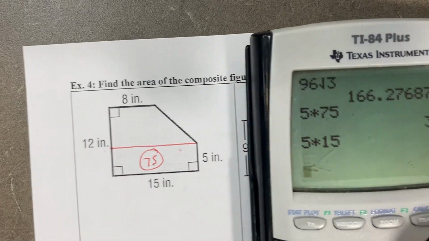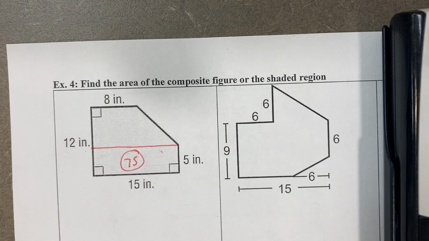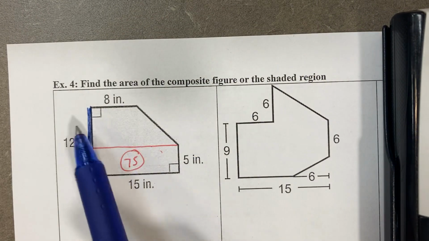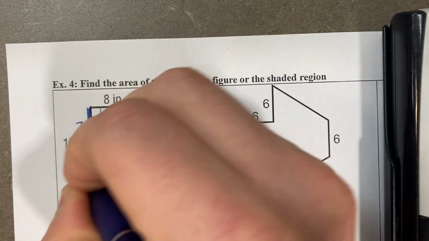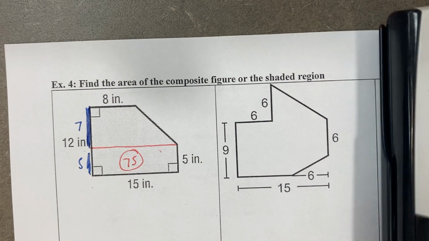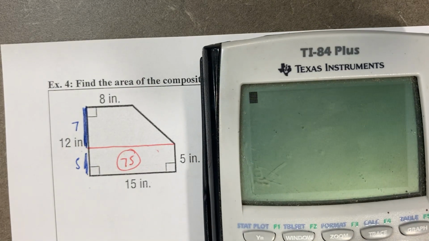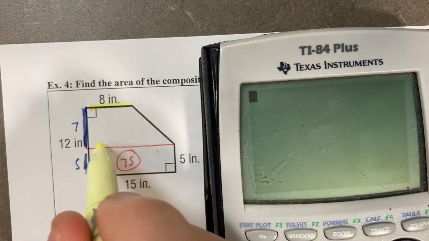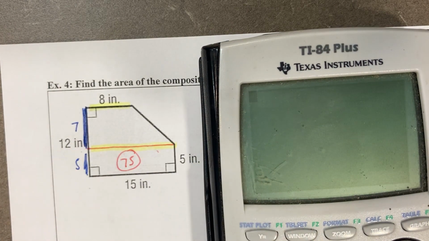So to find the area of the trapezoid, first of all, figure out what this is. This would be our height. It's 12 minus 5. This is a height of 7. 7 and 5, right? So to find the area of a trapezoid, you average the bases. We're gonna find the average of these two. 8 plus 15 divided by 2.